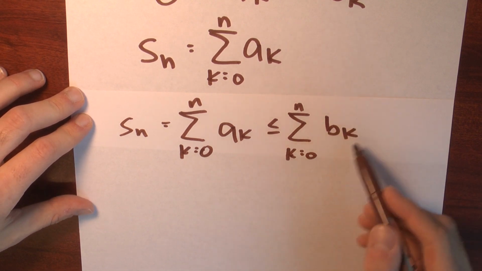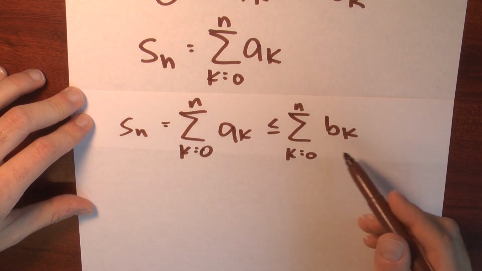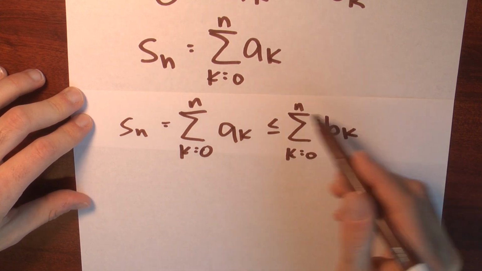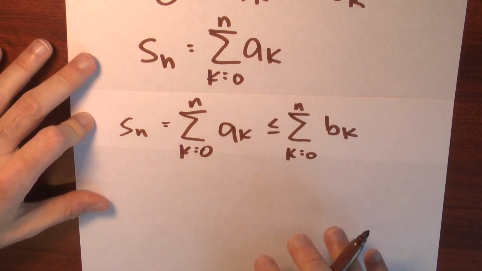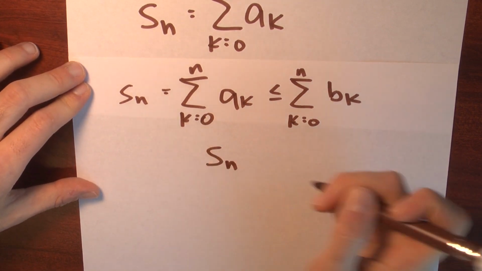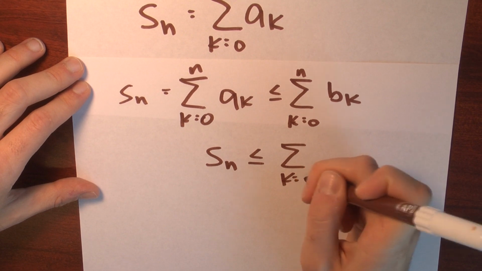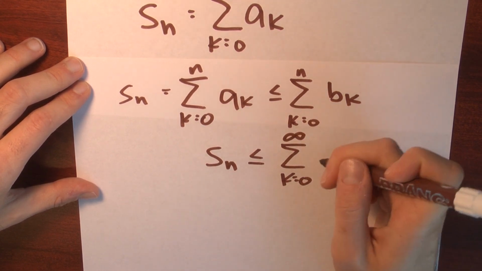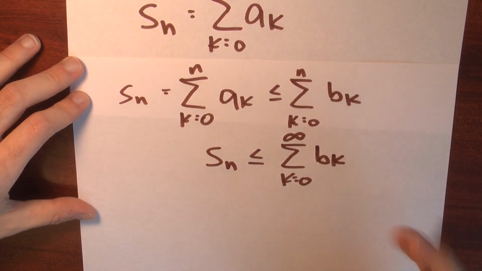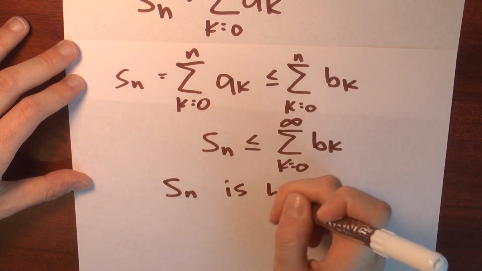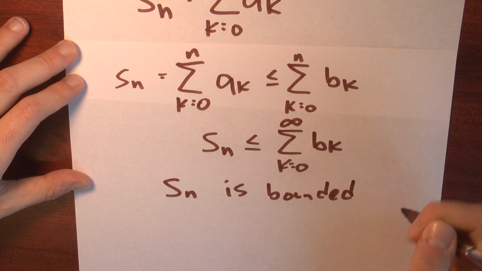Well, the rest of the b sub k's are all non-negative, so if I add up even more b sub k's, I'm just making this even bigger. So what I can conclude is this, that S sub n is less than or equal to the value of the series k goes from 0 to infinity of b sub k. In other words, S sub n is bounded above.